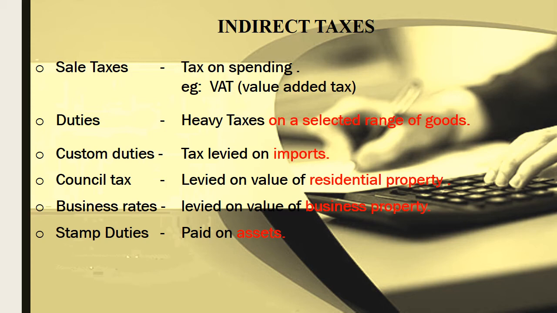Business taxes are also collected by local authorities and contribute to the provision of local community services. Stamp duties are paid when buying certain assets such as houses and shares.